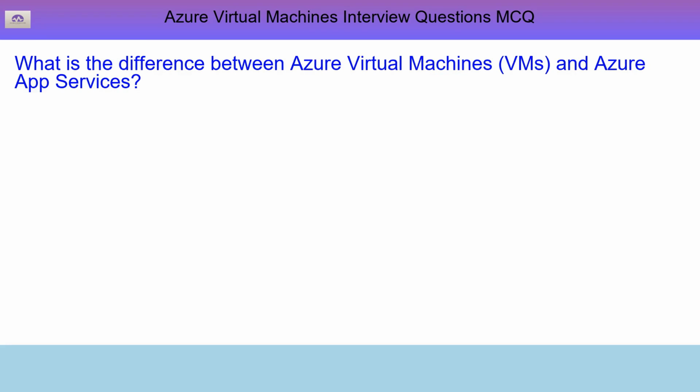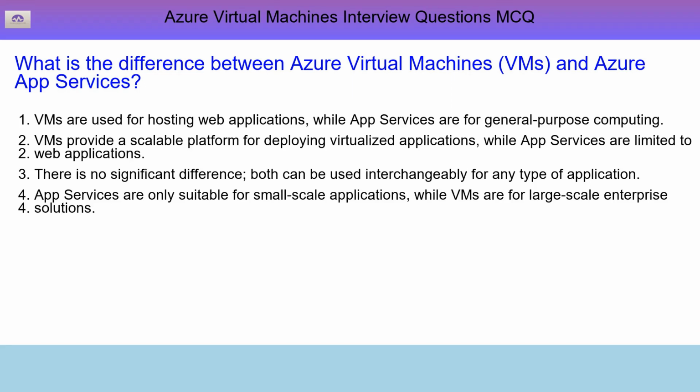What is the difference between Azure Virtual Machines, VMs, and Azure App Services? Here are your options. 1. VMs are used for hosting web applications, while app services are for general-purpose computing. 2. VMs provide a scalable platform for deploying virtualized applications, while app services are limited to web applications. 3. There is no significant difference.